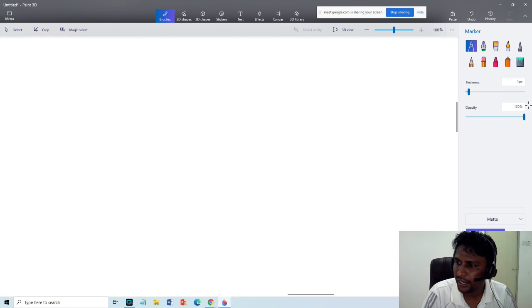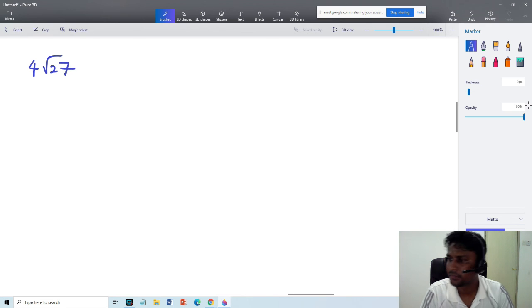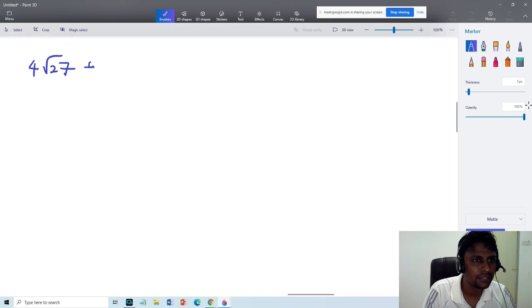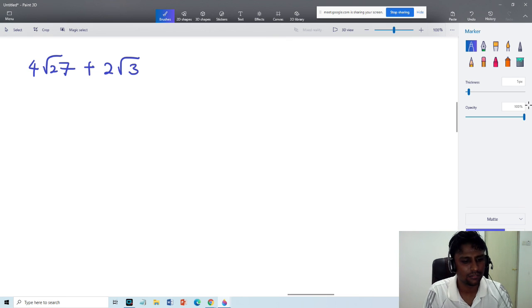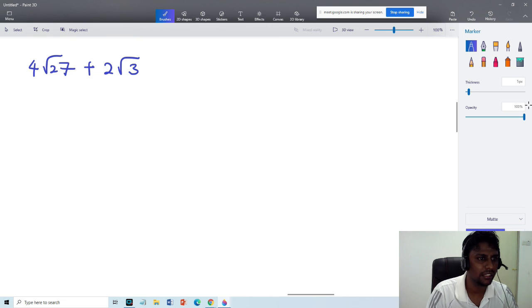Okay, so I have 4 square root 27 plus 2 square root 3. Give me the simplest form.